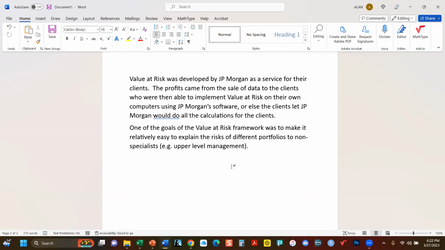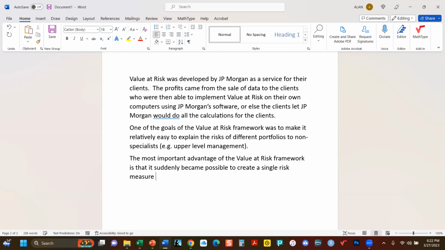And so the ultimate advantage of all of this is that it suddenly became possible to create a single risk measure that could incorporate every financial asset in the market.